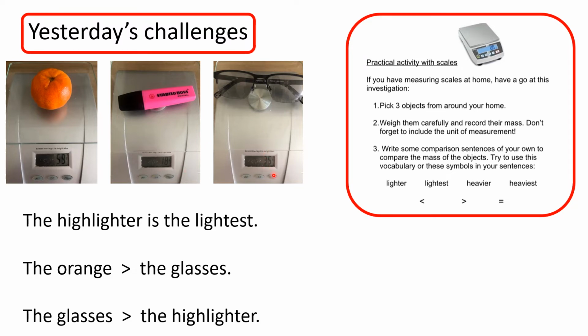So my comparison sentences said the highlighter is the lightest, the orange is greater than the glasses, and lastly, the glasses are greater than the highlighter. So a really big well done if you had a go at investigating that.